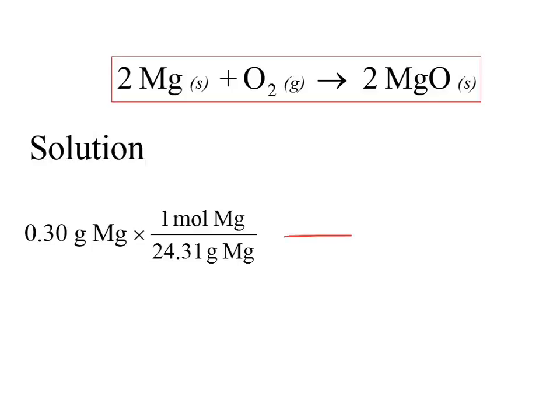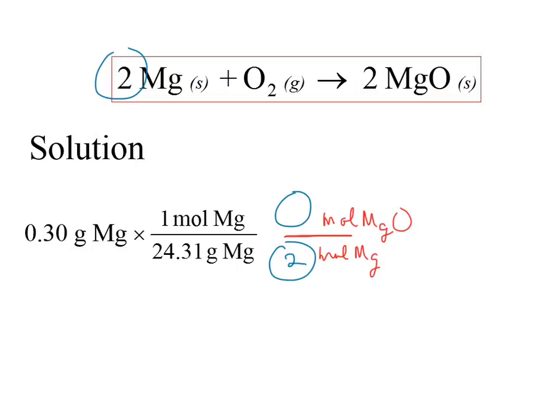I would draw my divisor. I would put units of moles of magnesium, that's what I have, and I want them to cancel. And I'm trying to go to moles of MgO, so I'll put that at the top. What number goes with the Mg? 2. Very good. What number goes with the MgO? Also 2. Perfect.